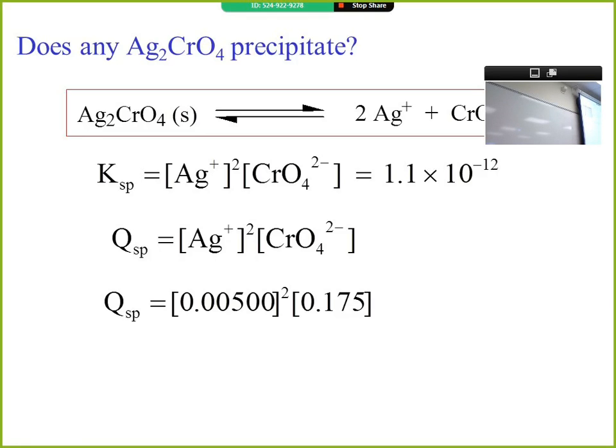Remember, we have to square that, times the molar concentration of the chromate, 0.175. Rounded to 3 sig figs, your QSP is 4.38 times 10 to the negative 6th.